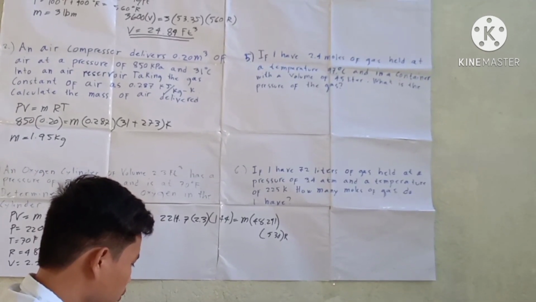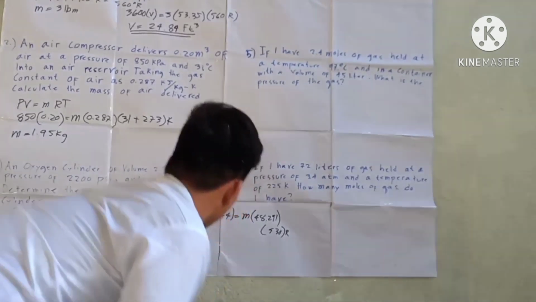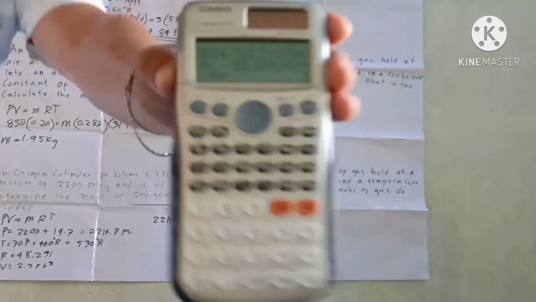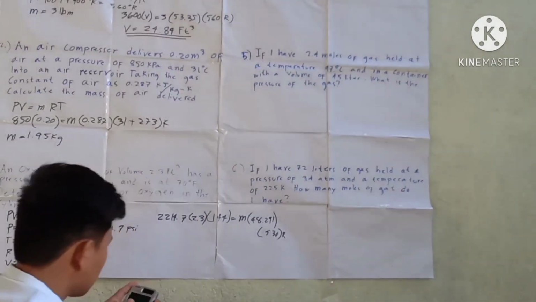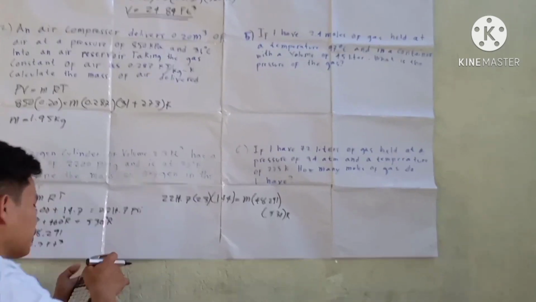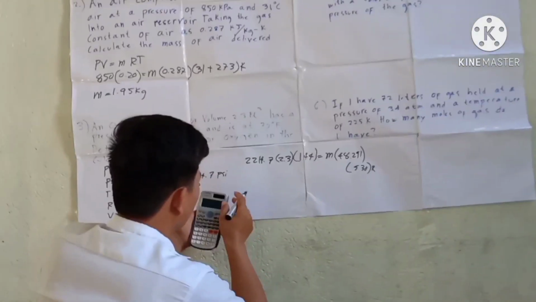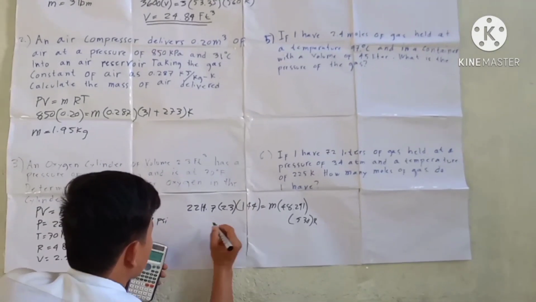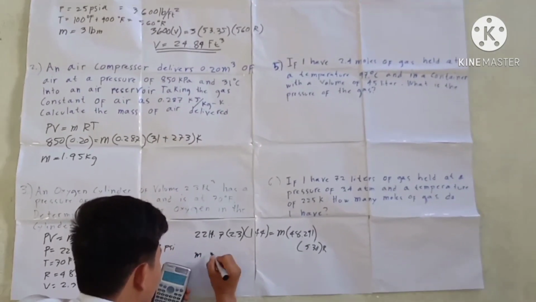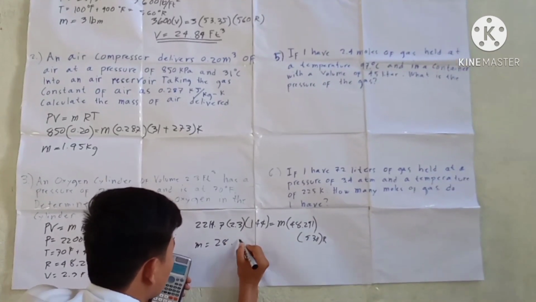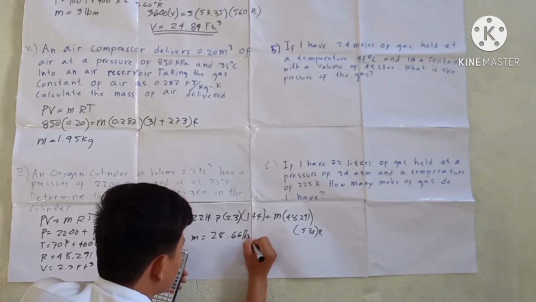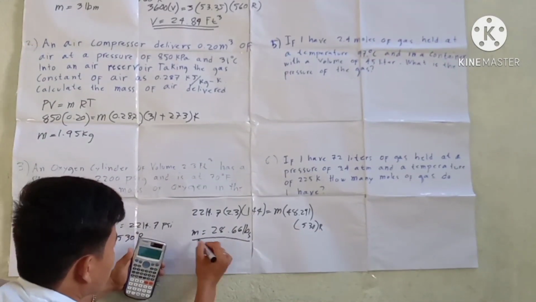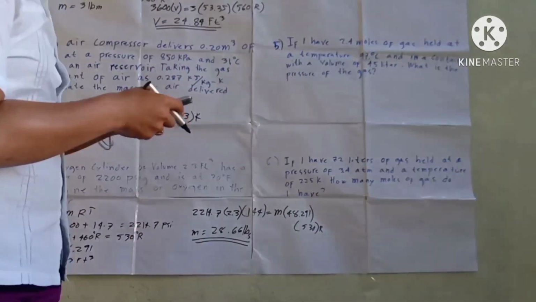So the final answer is 28.665, or we can round it off to 28.66. So mass equals 28.66 pounds.